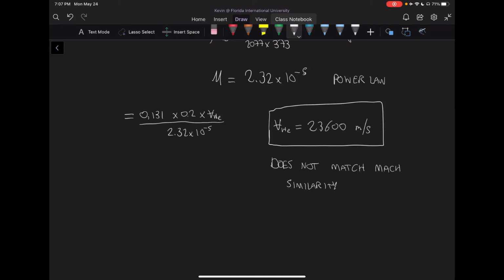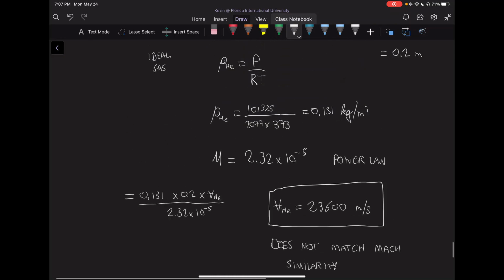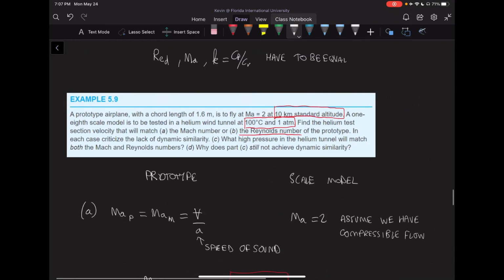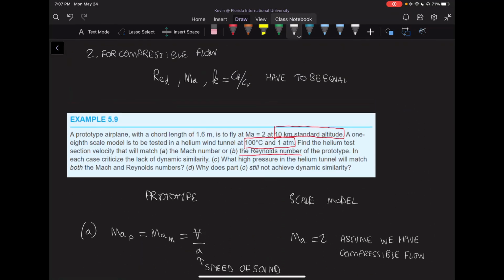If we use our system and we try to have both Mach and Reynolds number of the prototype, we get into a problem where we can't really solve it. We can't have both happening at the same time. So the problem says to find the helium test section velocity that will match A, the Mach number, or B, the Reynolds number of the prototype. There are two different velocities.